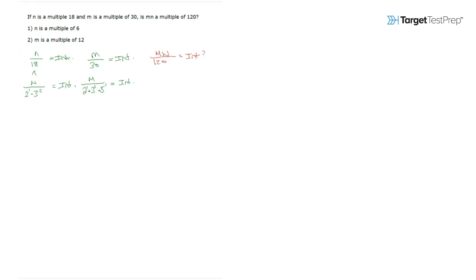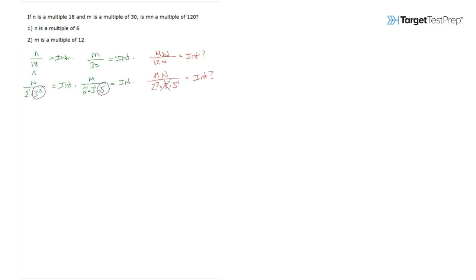So if we break down the 120, we're really trying to figure out, is m times n at a bare minimum divisible by three 2s, a 3, and a 5? Well, what's really great about this is that our given information already tells us that at a minimum it's divisible by two 3s, so we know it's certainly divisible by one 3.